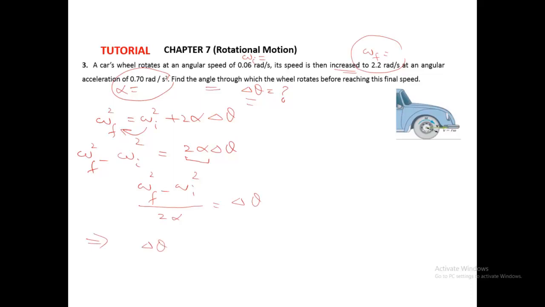I can write the unknown on the left side better, I wrote it for your understanding. So delta theta is equal to omega final square minus omega initial square over 2 alpha. Omega final is 2.2, initial is 0.06, over 2 alpha. Alpha is 0.70, so you get delta theta 3.5 radian. This is your answer.